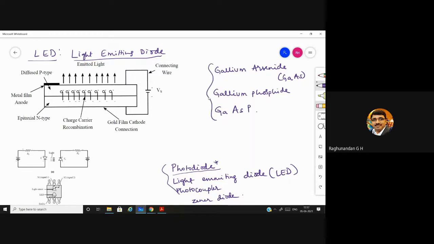These are the three kinds of material that can be used in the construction of an LED. So why are we using these materials? Why not silicon or germanium?